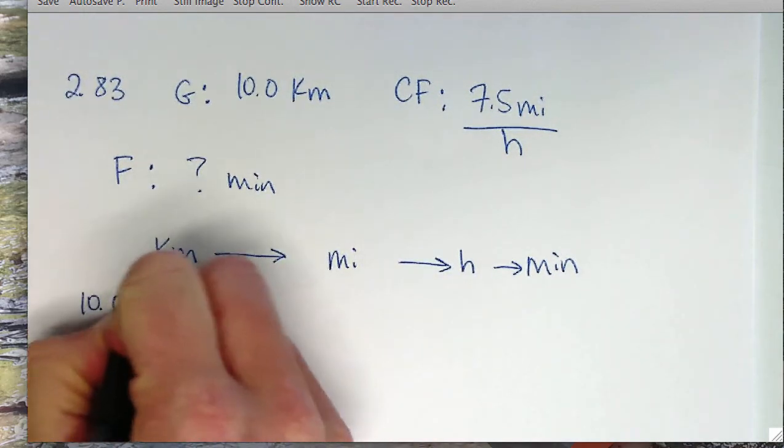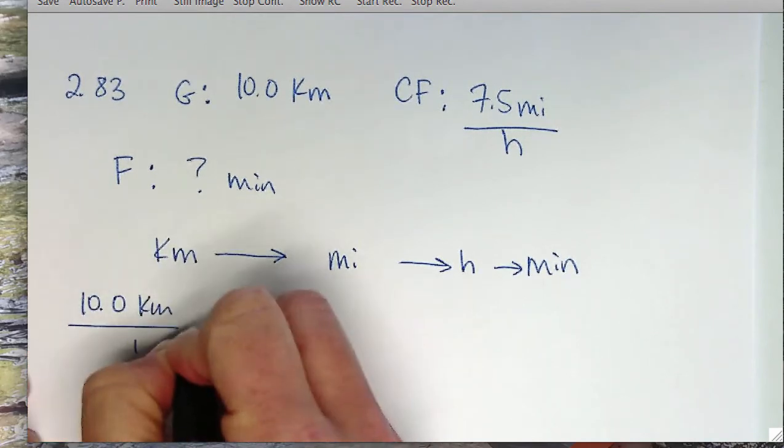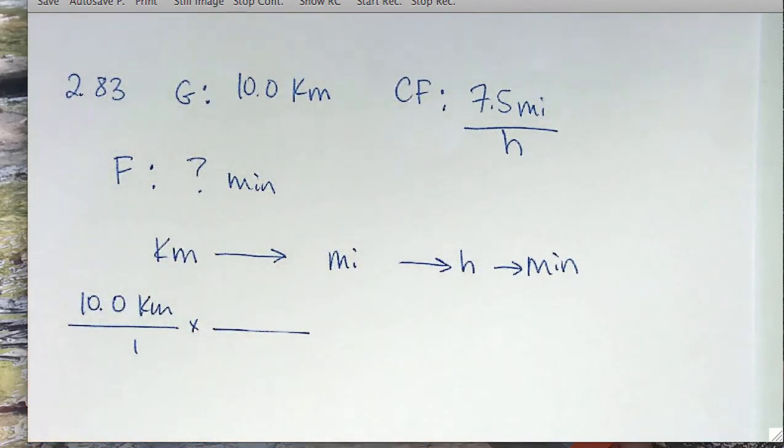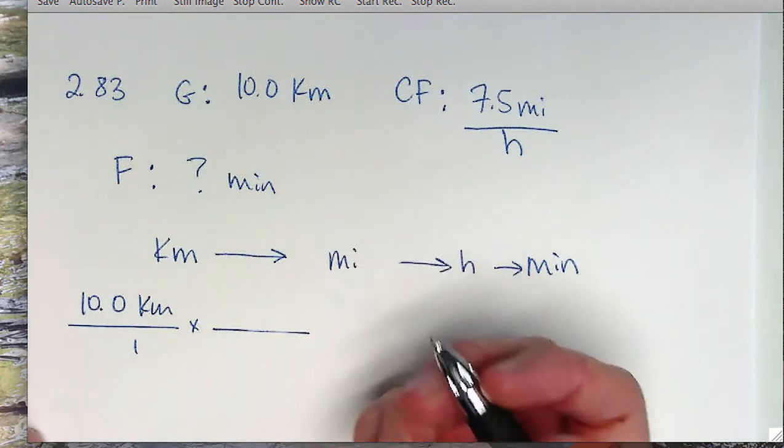10 kilometers over 1. What's your conversion factor for kilometers to miles? I think I have one. It's 1 kilometer is 0.62 miles. And does your book say 0.6214? For the conversion factor.